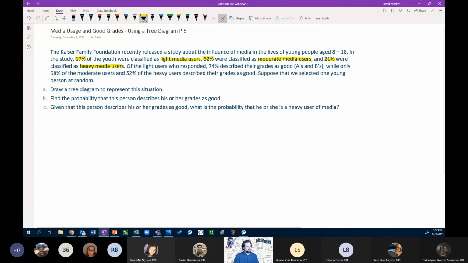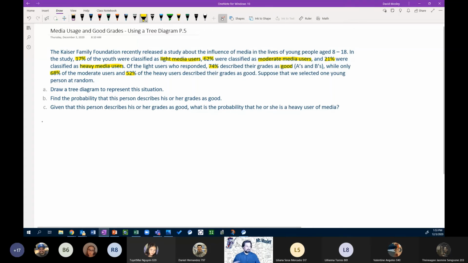Of the light users who responded, so given someone was a light media user, 74% described their grades as good, while only 68% of the moderate users described their grades as good, and 52% of the heavy users described their grades as good. Suppose that we selected one young person at random.